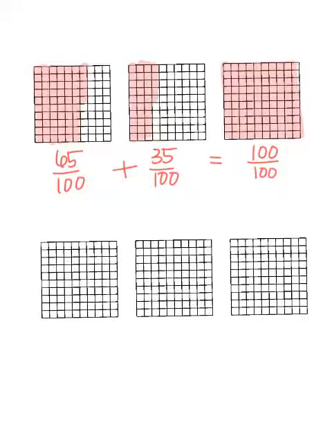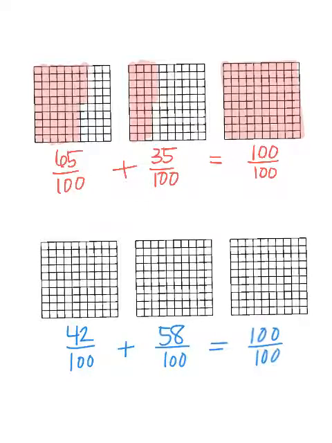Okay, so hopefully on a scratch piece of paper you figured this out. You obviously might not be able to color in because you don't have a hundredths grid at home. But let's pretend we do: 42 hundredths plus 58 hundredths equals 100 hundredths.